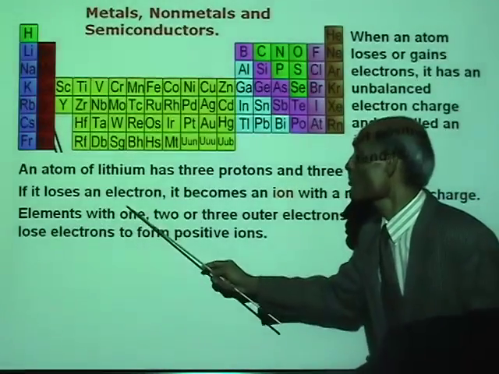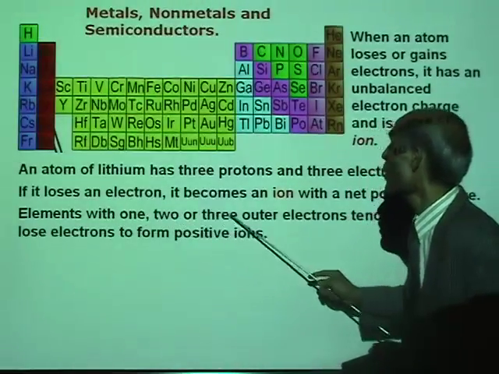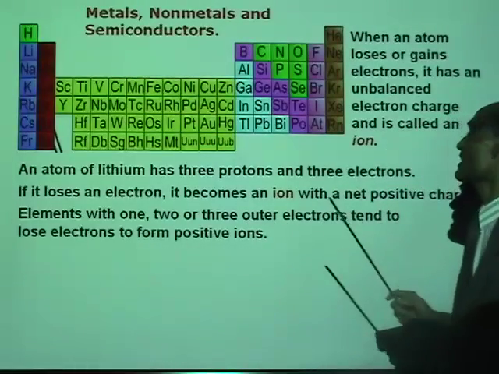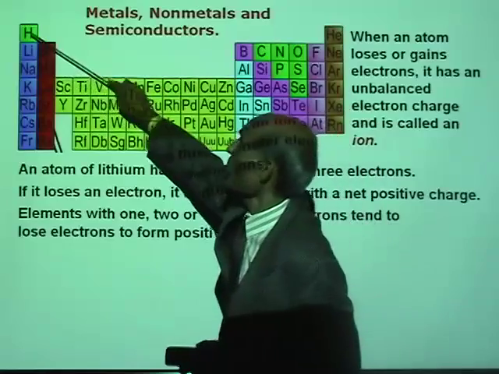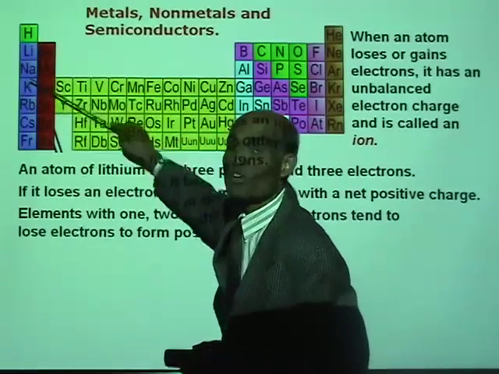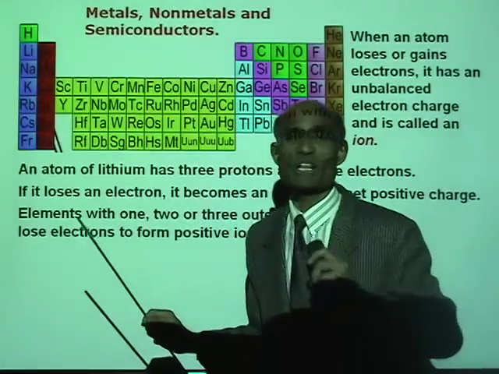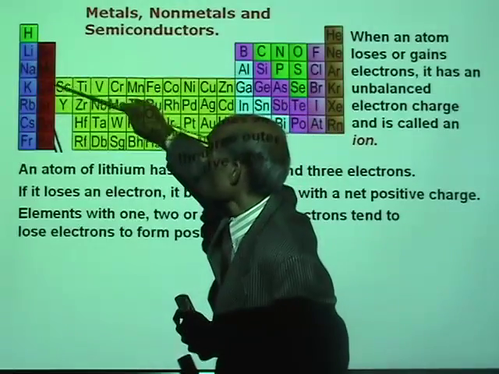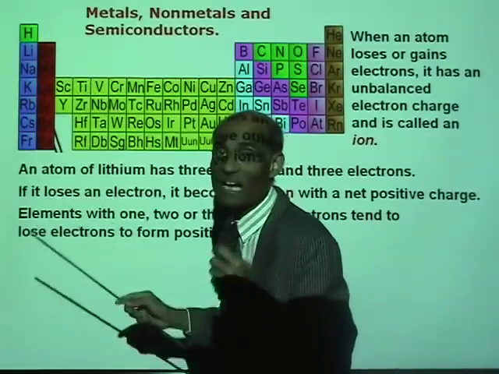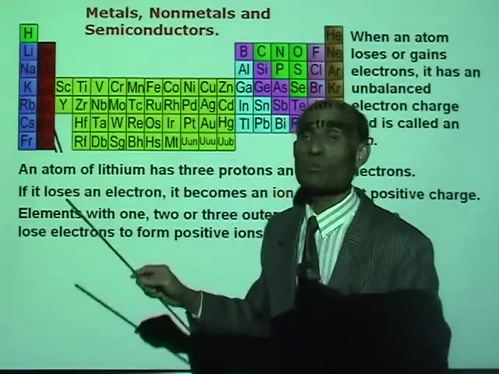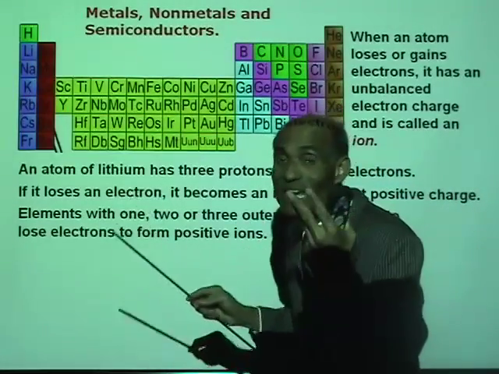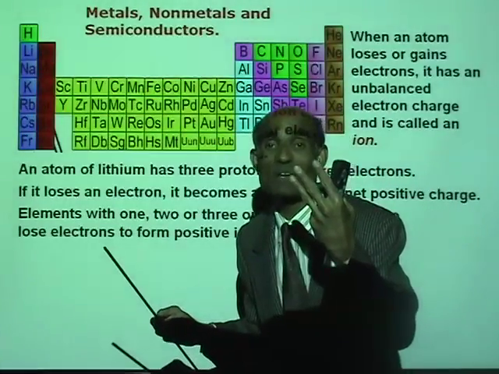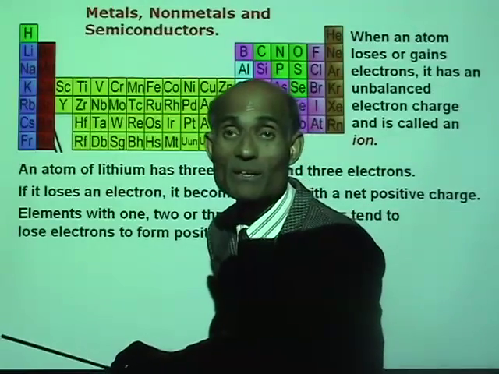Now, elements with 1, 2, or 3 outer electrons tend to lose electrons. For example, all these elements have 1 electron in the outer shell. All these elements have 2 electrons in the outer shell. And these elements have 3 electrons in the outer shell. Now, are they happy?